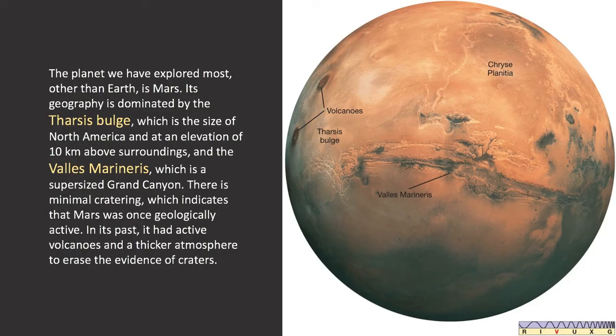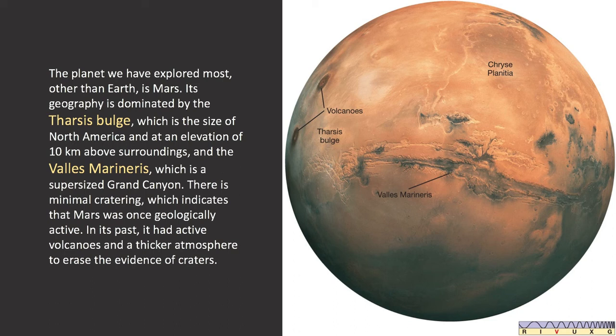Okay, on to Mars. Mars has an interesting geography. It has some very big features. Part of the reason why it has big features is that it has lower gravity than planets like Earth and Venus. With lower gravity, there's less of that kind of pressure to keep things close to the surface.